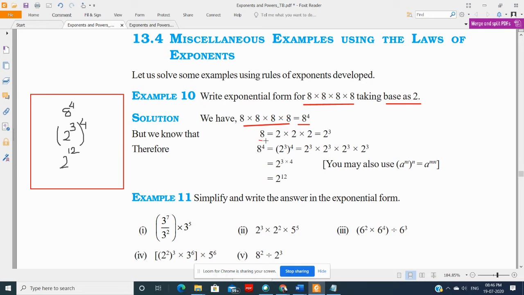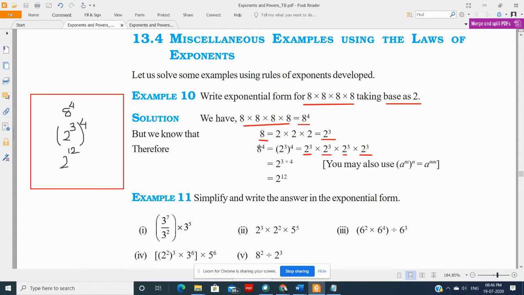Now, we know that 8 is nothing but 2 cube, because 2 2s are 4, 2 4s are 8. So instead of 8, we can write 2 cube, 2 cube, 2 cube, and 2 cube. Now, we can say that these bases are same. So we'll just take 2, and 3 plus 3 plus 3 plus 3, that is 3 4 times.